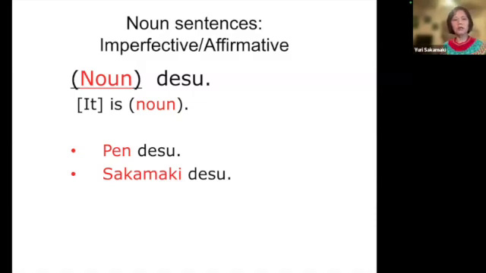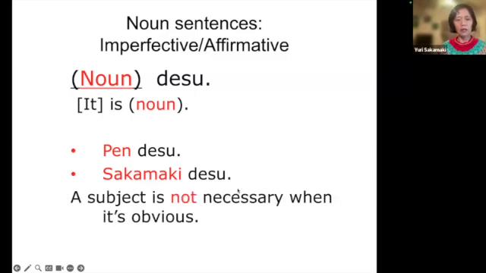All right, so Sakamaki desu. If I say that with a bow and it was a first time meeting, then most likely I'm telling you my last name. We usually exchange our names by last names, not the first names, unless you're small children. A subject is not necessary because it's obvious that it's a first time meeting and it's a name.